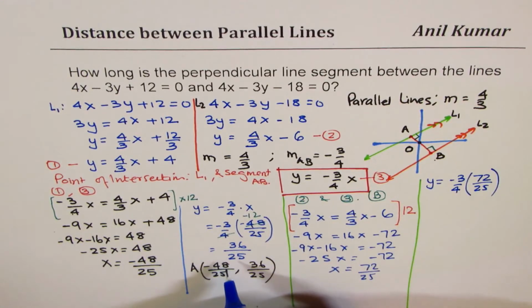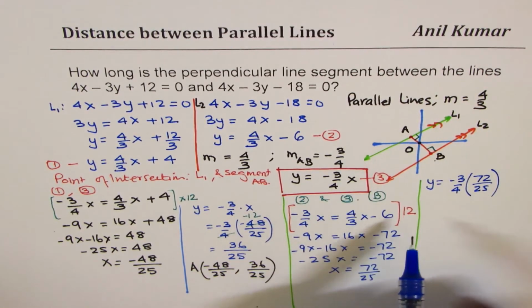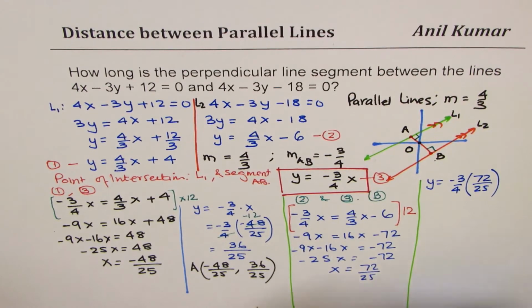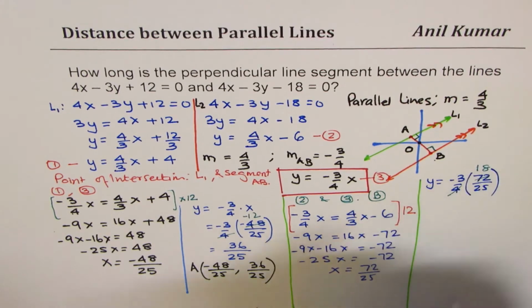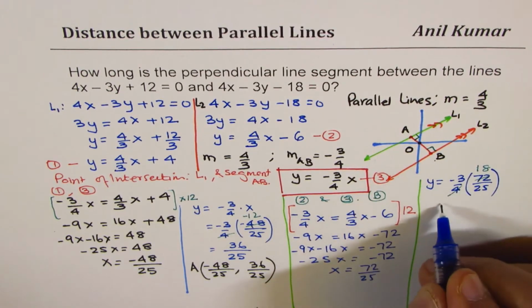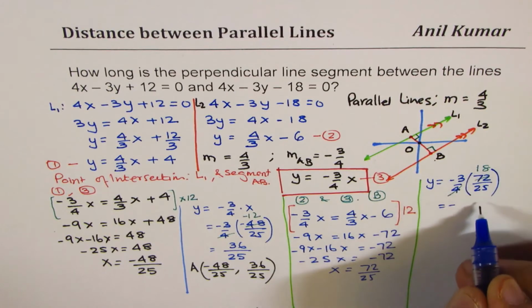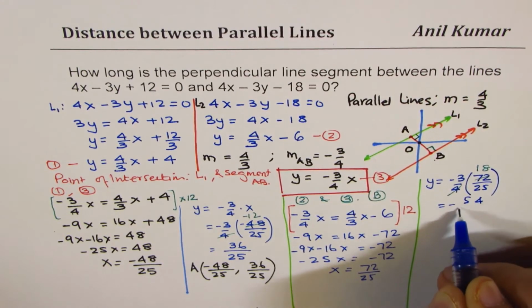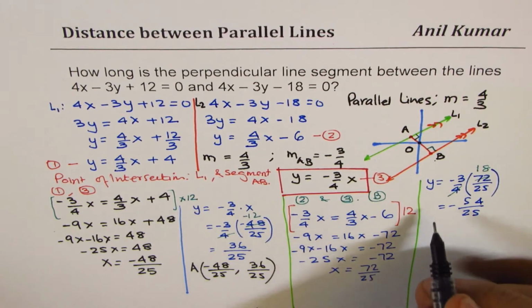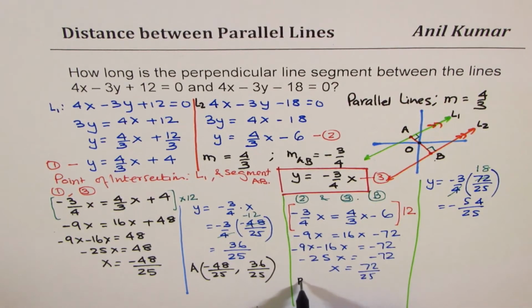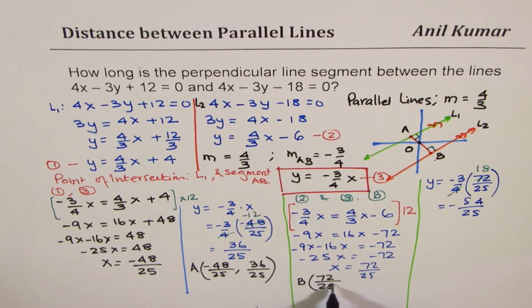So we're just repeating the process which we did for point A. Now that gives us minus 54 over 25, correct? So point B has x value 72 over 25 and y value minus 54 over 25, correct?